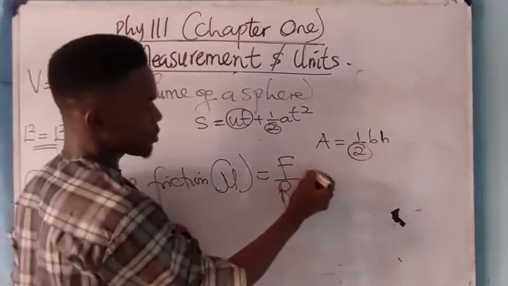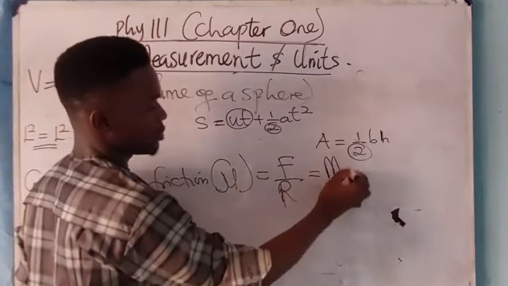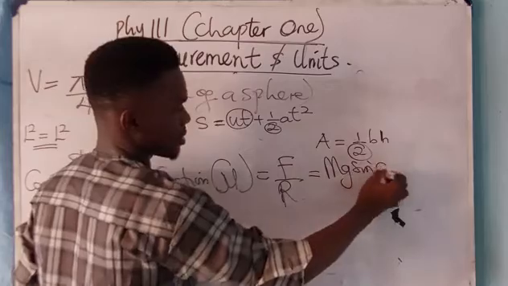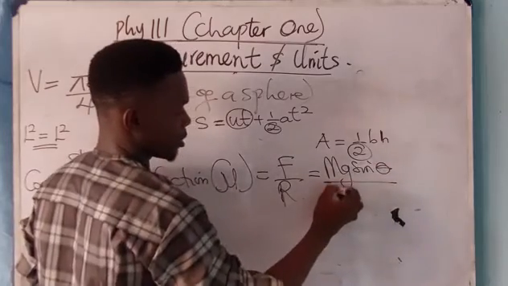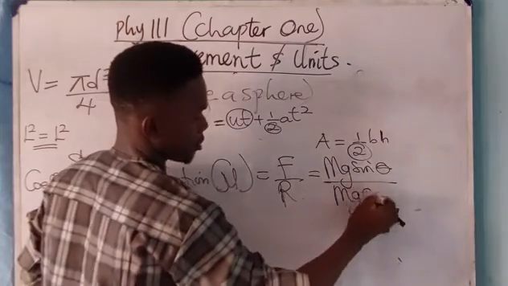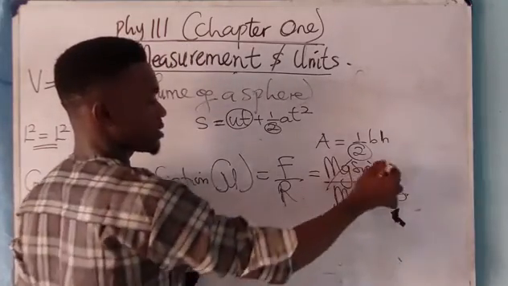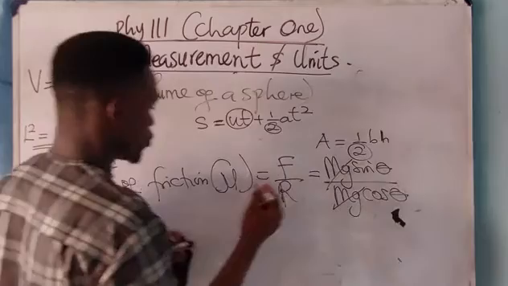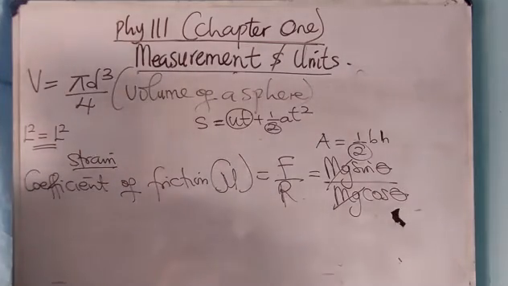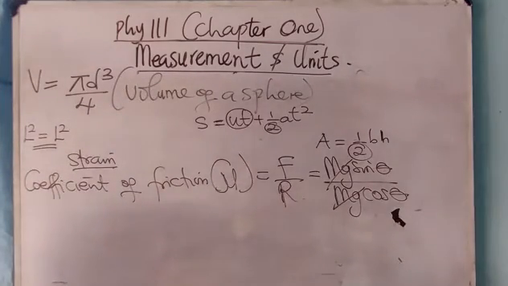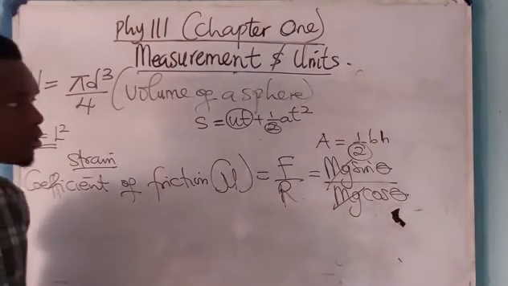The frictional force is mg sine theta over mg cos theta. So this will go into this, and theta is dimensionless. So coefficient of friction is dimensionless. It does not have dimension. Take note of that.